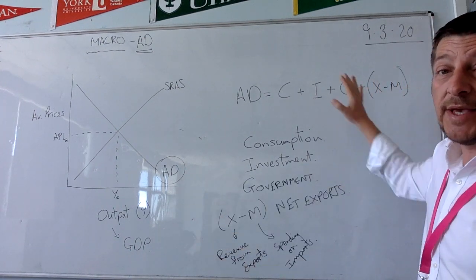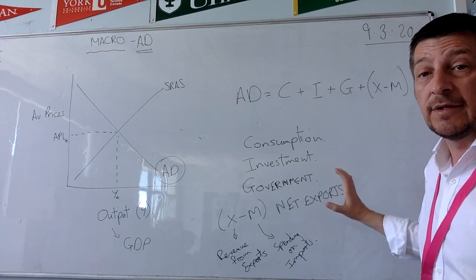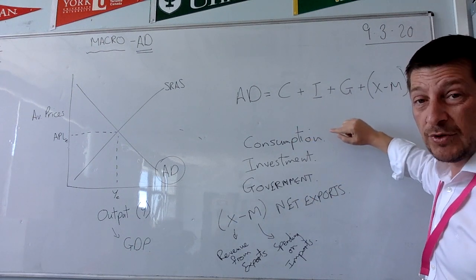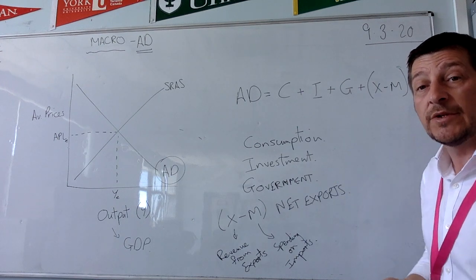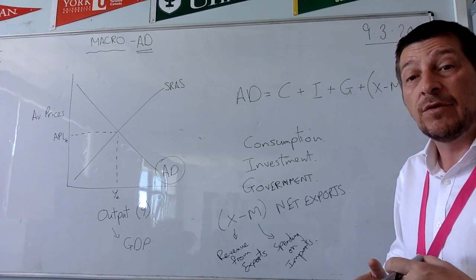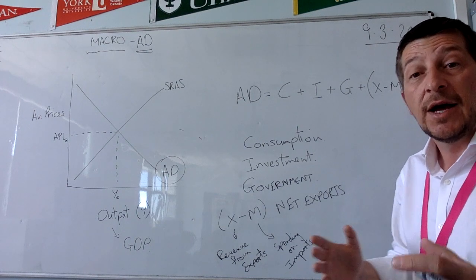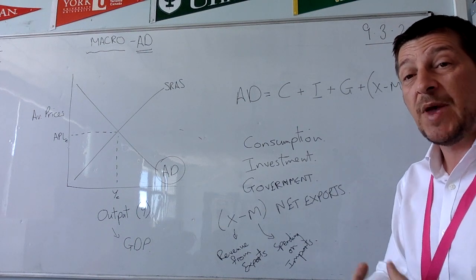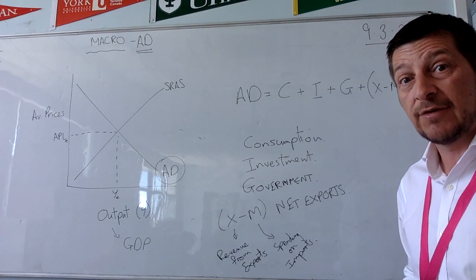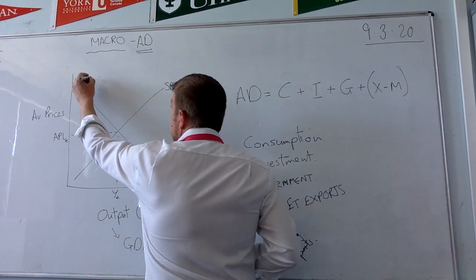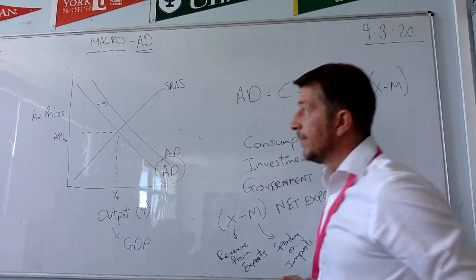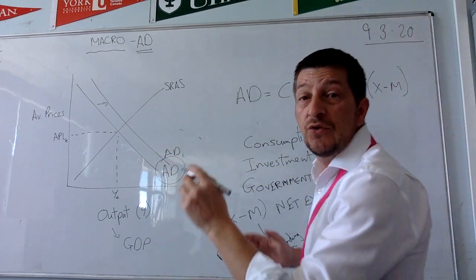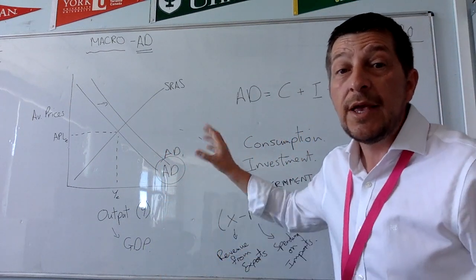So that's a basic introduction into aggregate demand. We're going to look in much more detail at each one of these four components and what might influence the level of each of these components. So I'll give you an example. If consumer spending increases, consumption increases, we will see a shift in aggregate demand, which creates a new equilibrium.